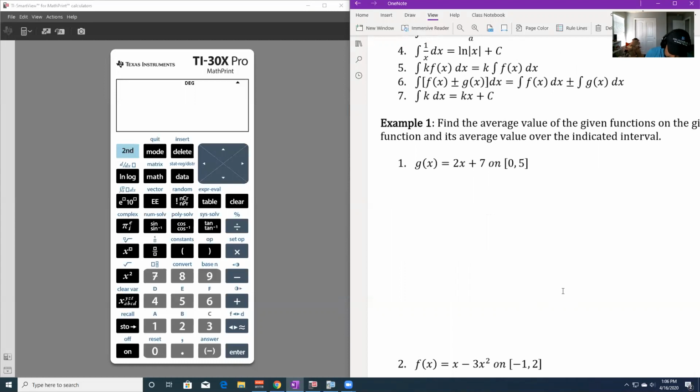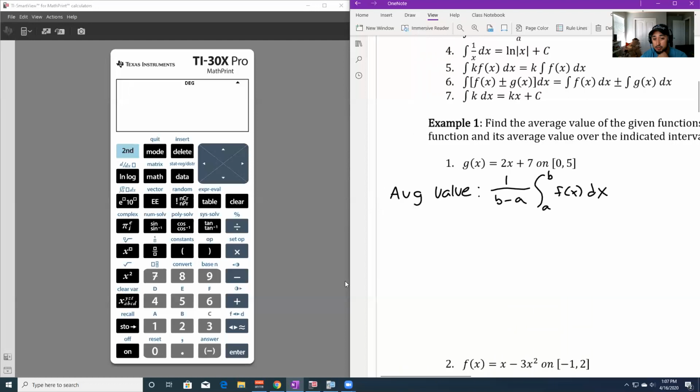So the average value is given by 1 over b minus a of the integral from a to b of f of x dx. So that is our average value integral. So that's what we're going to use.